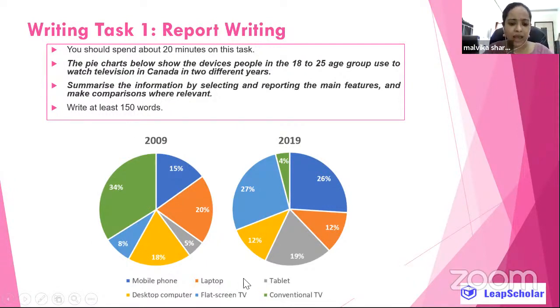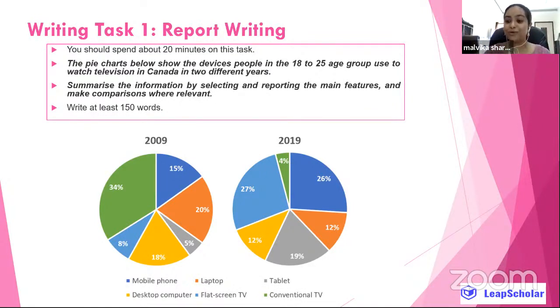Now, what do we have? We have mobile phone, desktop computer, laptop, flat screen TV, conventional TV, and also a tablet. So we have around 6 devices that people usually use to watch television in Canada. That is kind of a summary or gist that I have given to you.